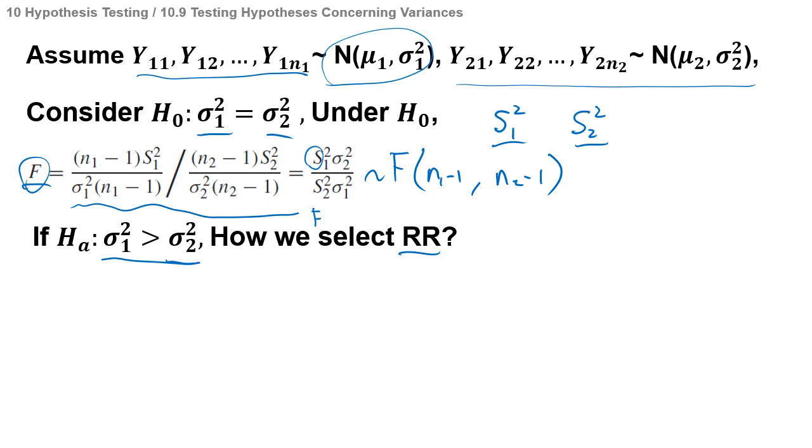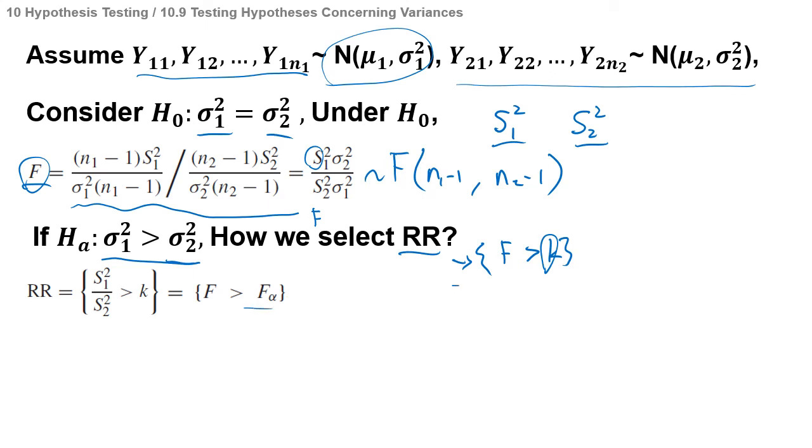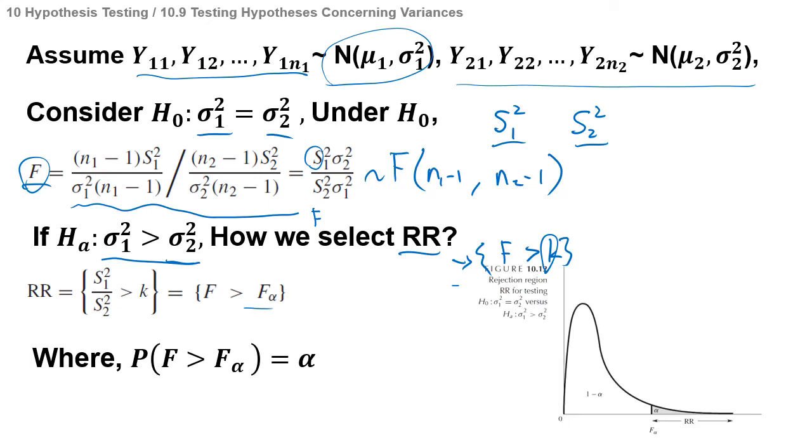So the rejection region would be F is greater than K. So this is our rejection region, and actually this K can be calculated from the F distribution, and you can decide alpha this way. So this is our F distribution, and the rejection region is here, and you can calculate the F alpha using the F distribution. And yeah, let's move on.